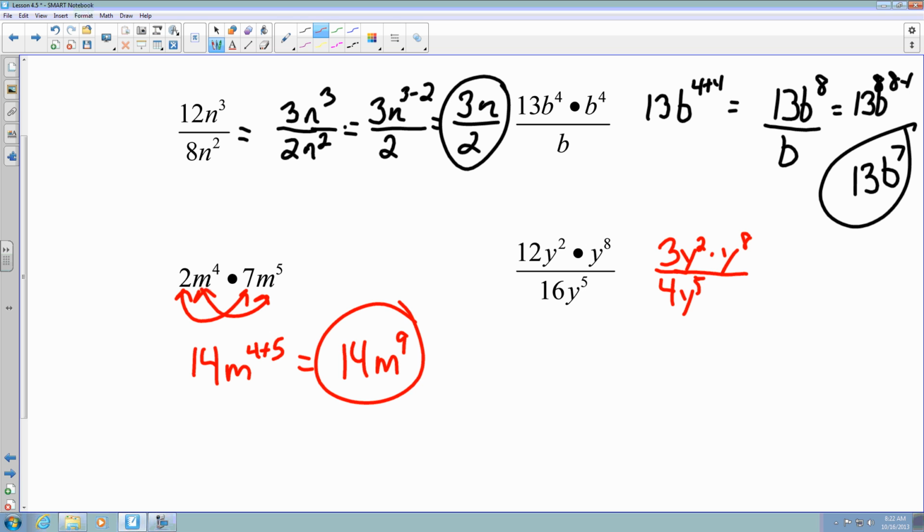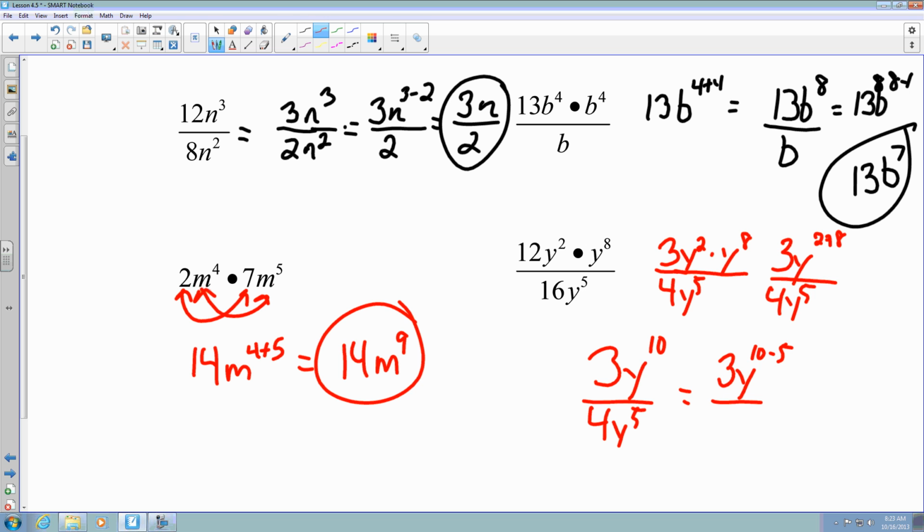Now I can go 3y to the 2 plus 8 divided by 4y to the 5th. This gives me 3y to the 10th power divided by 4y to the 5th. Since I have the same base of y, I can use the quotient property. So it's 3y to the 10 minus 5, all divided by 4, which equals 3y to the 5th power divided by 4.